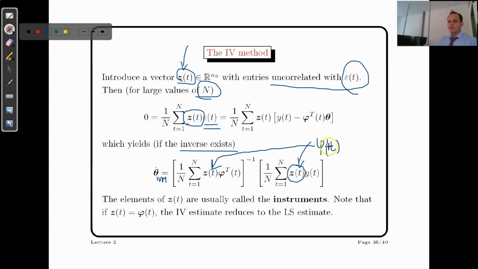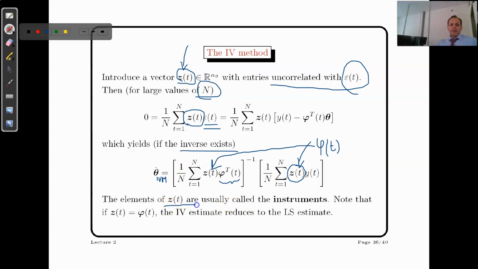Again, instead of phi, we are using this instrument z, which is uncorrelated with epsilon, but should be correlated with phi. Because if this instrument is uncorrelated with phi, it means that this matrix cannot be inverted because it's singular.